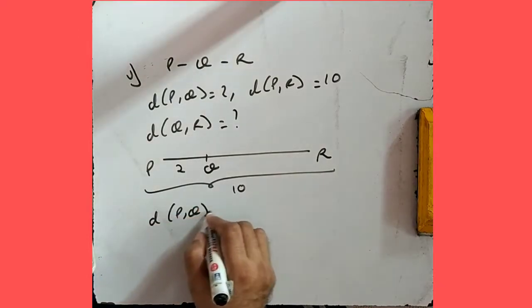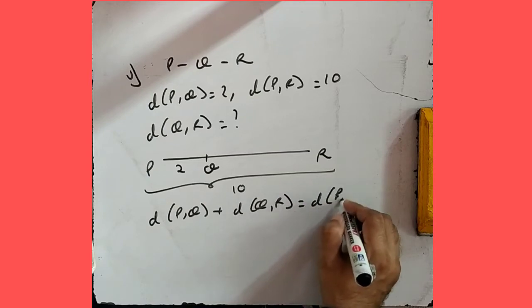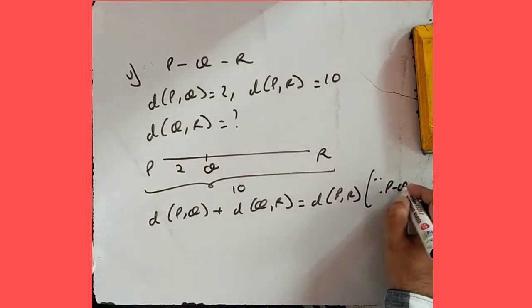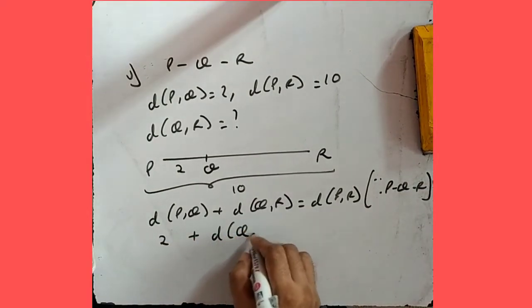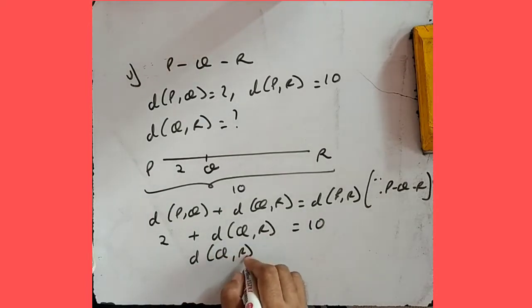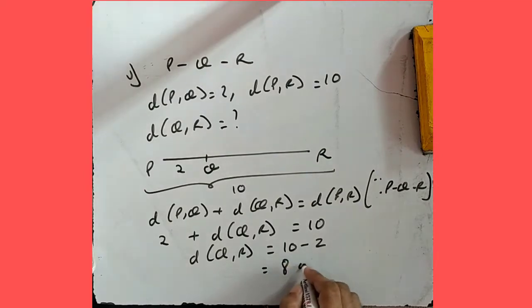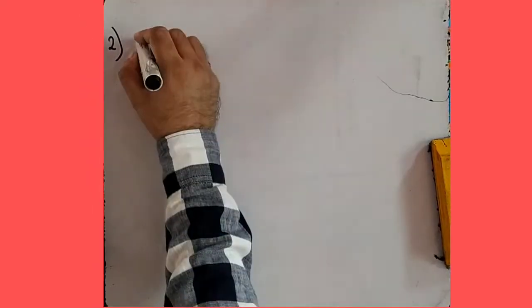Distance PQ plus distance QR is equal to distance PR, because P-Q-R. So 2 plus distance QR is equal to 10. Distance QR is equal to 10 minus 2, which becomes 8 units.